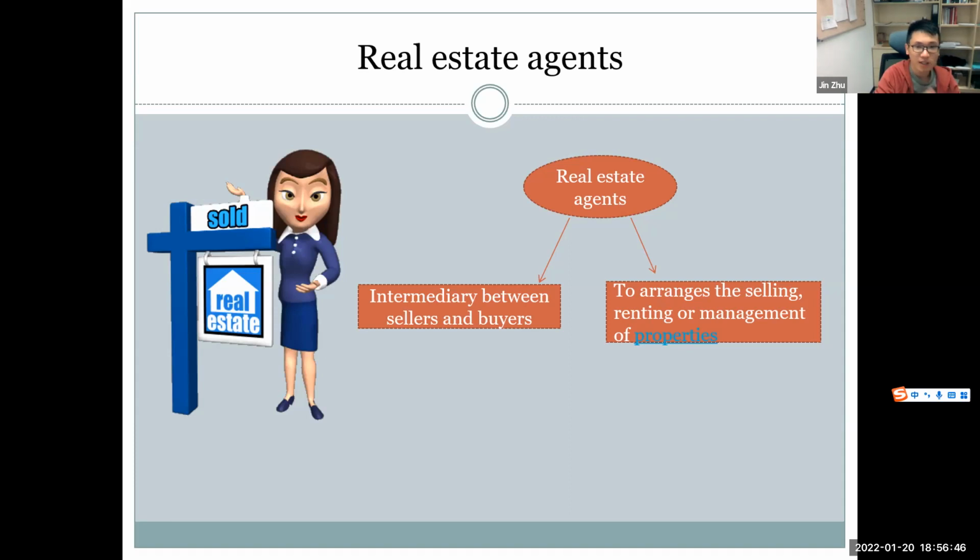Real estate agents act as intermediaries between sellers and buyers. Some of my friends say they want to save some money and don't want to give money to the real estate agent, so they contact the landlords directly through some platform. But real estate agents are still very important nowadays because they have more information.